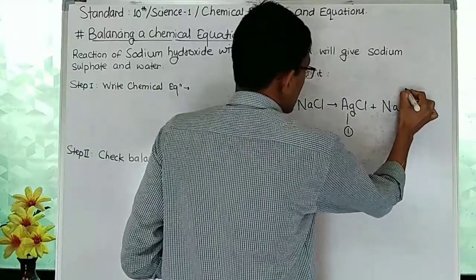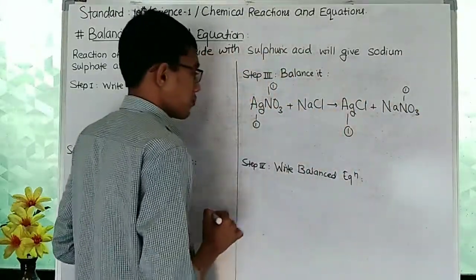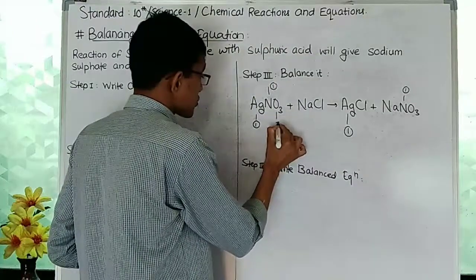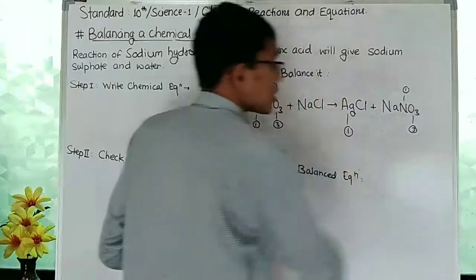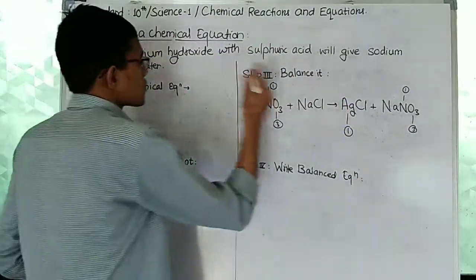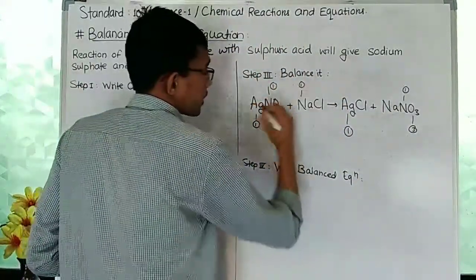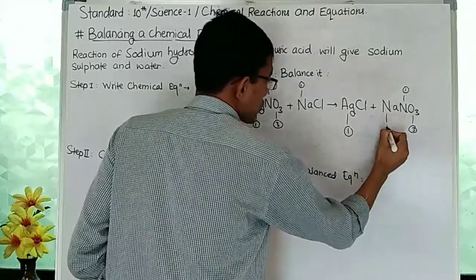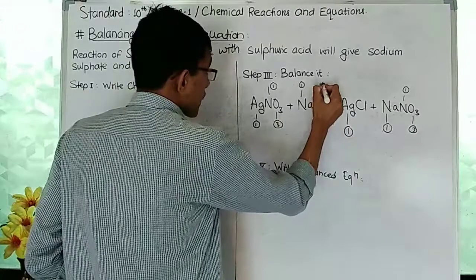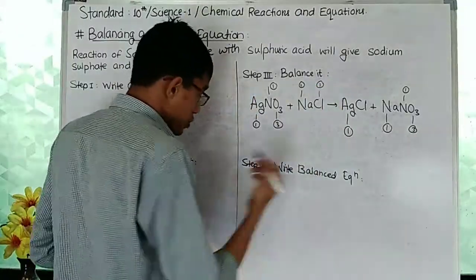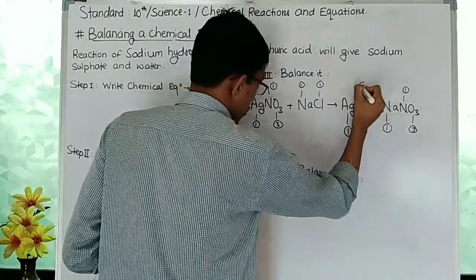The number of oxygen atoms is 3, and in the product also 3. Sodium 1, and in the product also sodium is 1. Chlorine 1 atom in the reactant side, and also in the product side chlorine 1 atom.